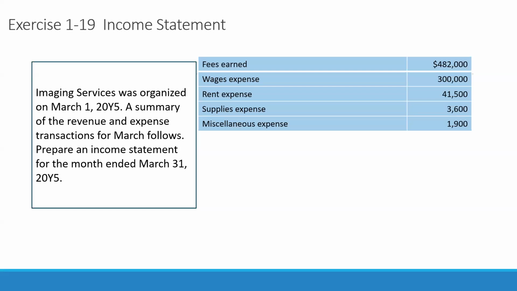Okay, so to prepare an income statement, once again, it's all sort of ordered out already. You would just add subtractions to all of the expenses. Oftentimes there is a subtotal that says total expenses, and then under that would say net income.